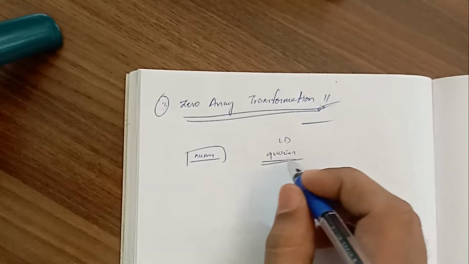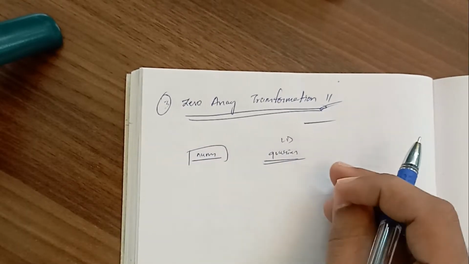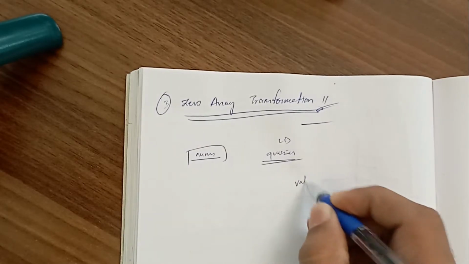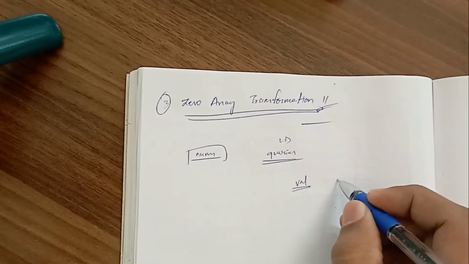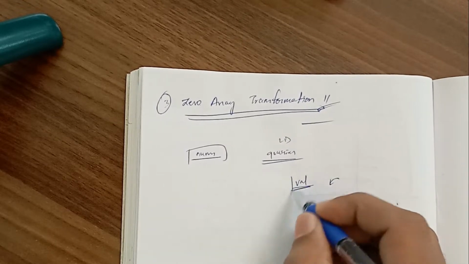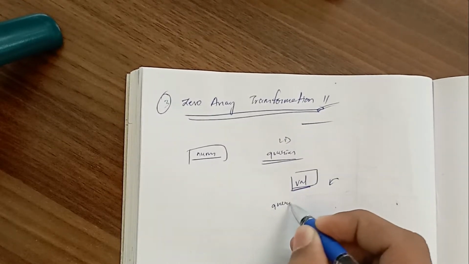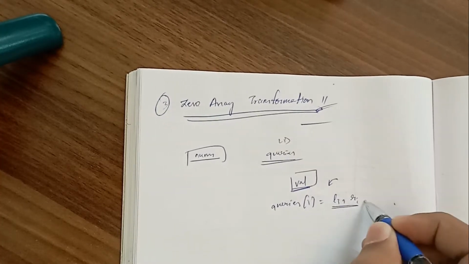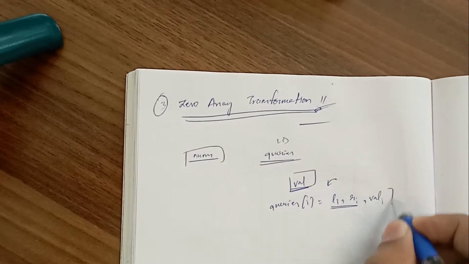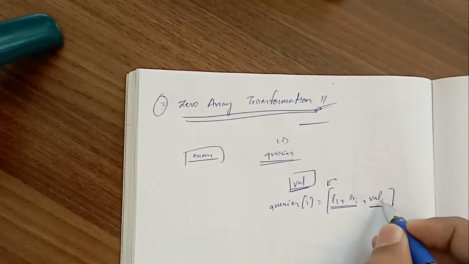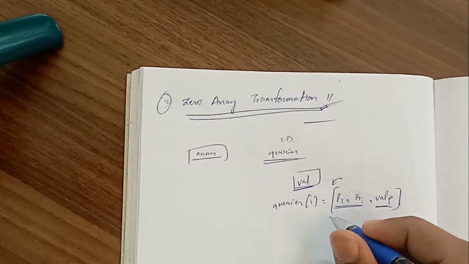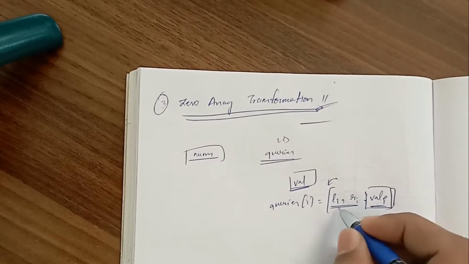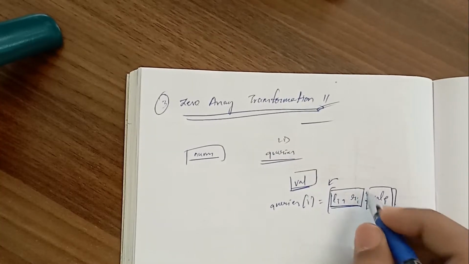The difference between the last question and the current question is that earlier we were not given the value to remove, but here queries[i] is equal to [left_i, right_i, val_i], where left and right are the ranges. So we need to remove at most val_i from selected indices in the range of left_i and right_i.